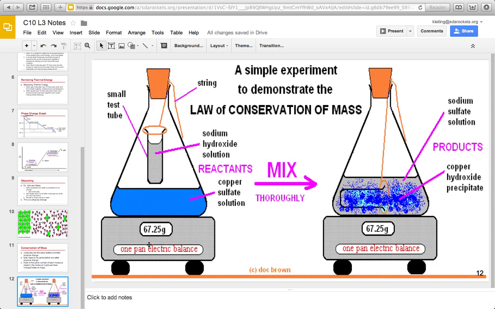But what they're showing you is on this side we have 67.25 grams, and when we mix our two substances, it doesn't matter what the reaction is, we still have the same amount of weight. We still have the same amount of molecules in our beaker. That does it for this lesson.